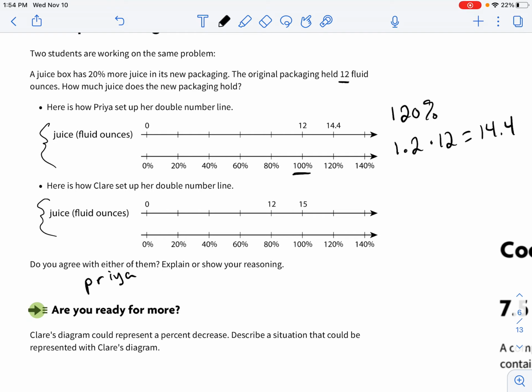So if it was a decrease of 20% and the original amount was 15, then yes, that would work. That would be correct. Because then 20% of 15 would be 3, and so 15 minus 3 is 12.